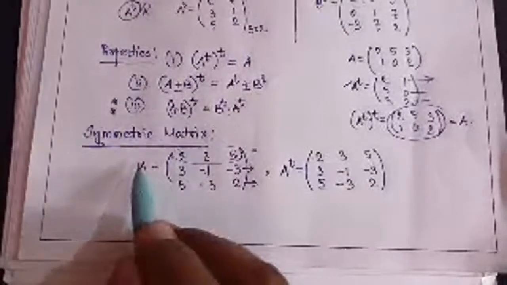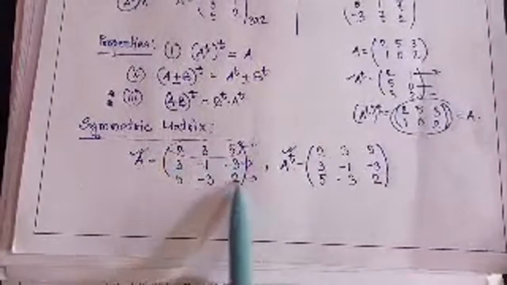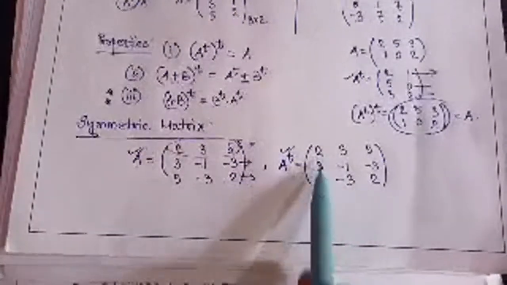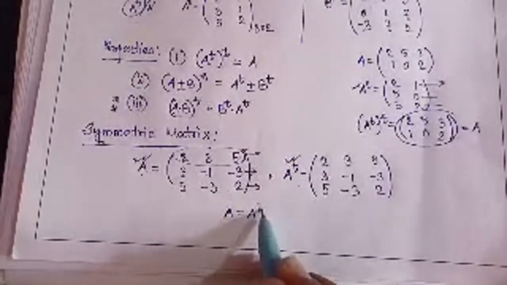Now if you observe the matrix A and the resulting matrix A transpose, one interesting result we have found: A and A transpose are the same matrix. Whatever elements are there, 2 3 5, 3 minus 1 minus 3, we have taken the transpose, and still the matrices are the same.